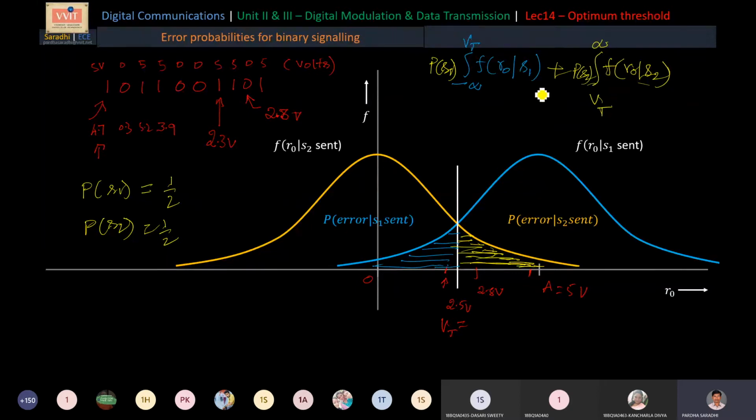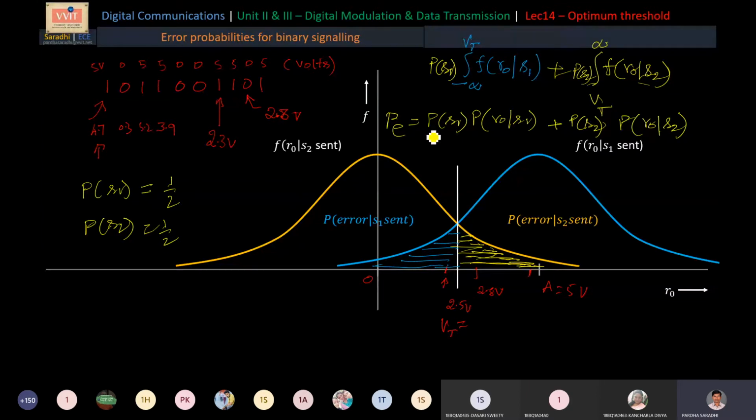And what we have calculated here is the probability of R0 given S1, plus, multiplied by the probability of S2, the other integration indicating the probability of R0 given S2. And these give us the error probability, so we can denote it as Pe. So this gives us the total error probability.